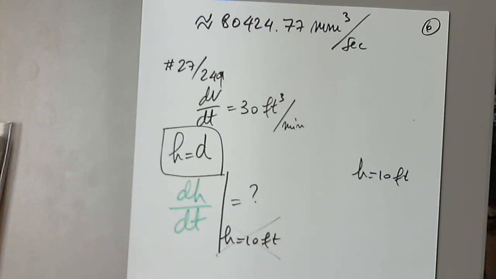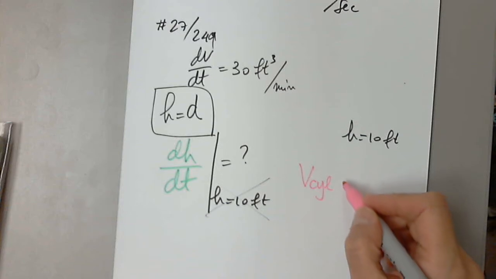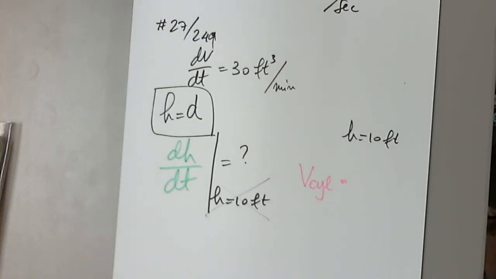Okay, so here's the volume of a cone. I'm going to talk about the cylinder first, and I hope that you will remember this. So here is a cylinder. The volume of a cylinder is the area of the base, which is a circle, pi r squared, times the height.